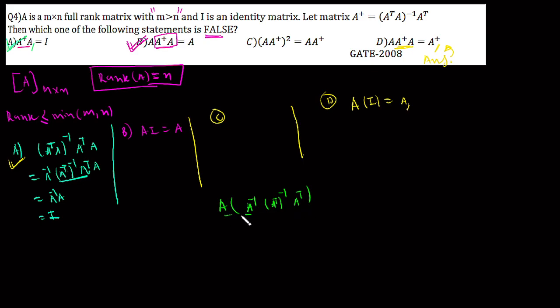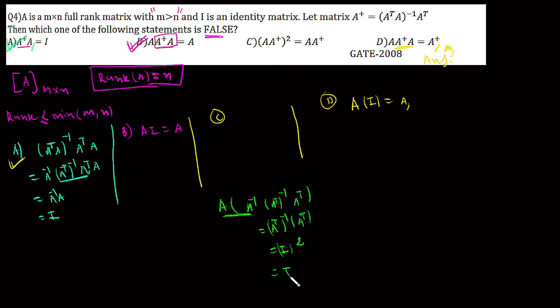Here I am getting identity from the multiplication of a matrix and its inverse. Then A transpose inverse multiplied with A transpose, again the matrix multiplying with its inverse gives me identity, and I have to take the square.